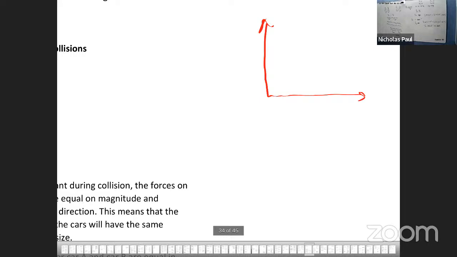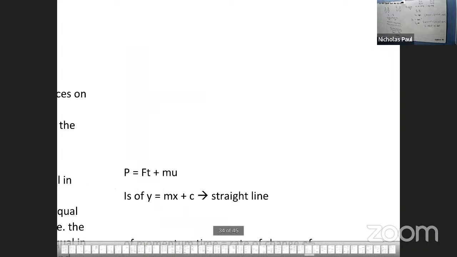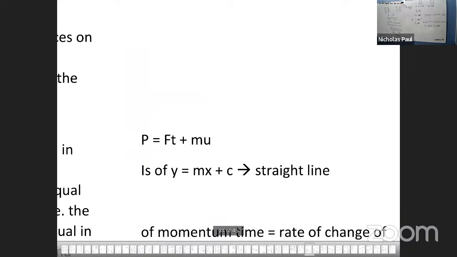Take a look at this here. Let's say we plot a graph of P versus t, and it looks like this. P is momentum, so it is the momentum versus time graph.